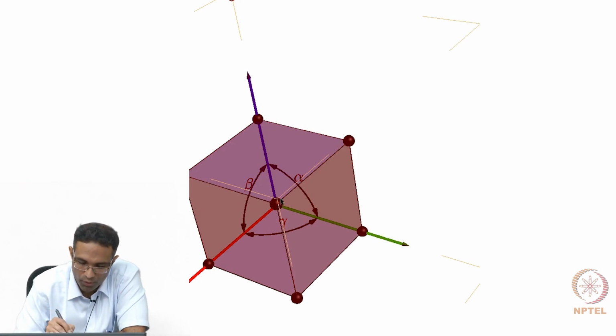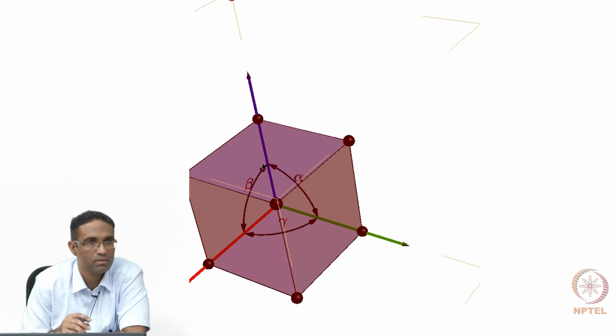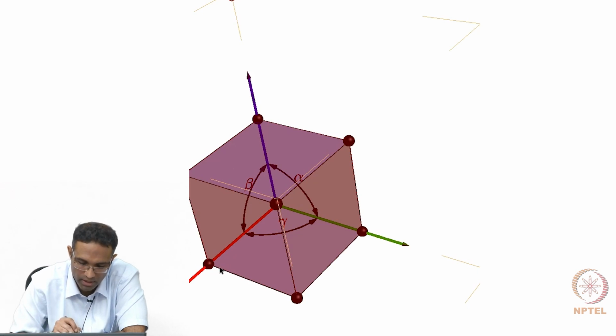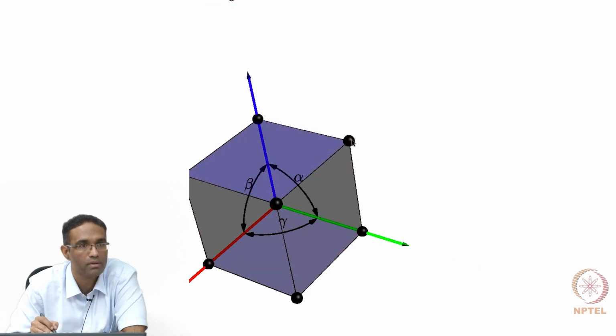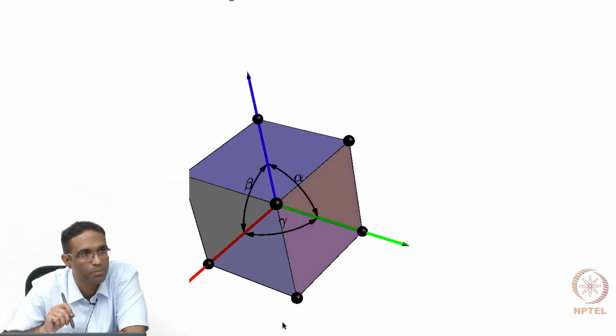If you rotate it by 120 degrees and invert it through the center, this atom rotated through 120 degrees and inverted through the center will take you to this particular atom right here, and you keep doing that, you will be able to understand that there is a 3 bar symmetry passing through the 1 1 1 direction.